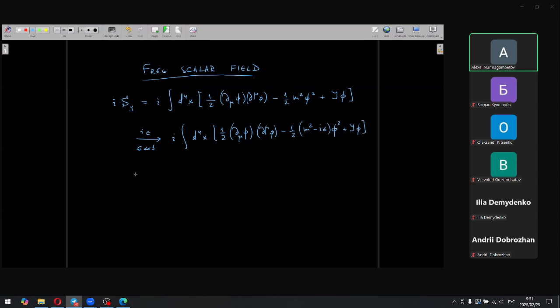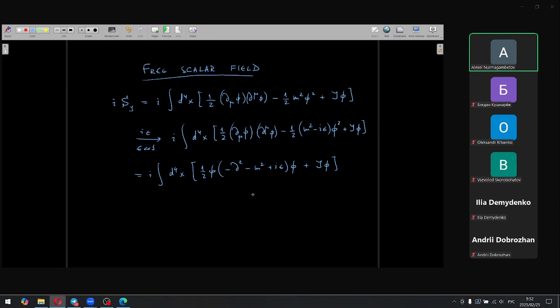And now I can perform the partial integration, and if I set the appropriate boundary conditions, like for instance the absence of the field at infinity points, that will be equivalently i times the integral over d4x of one half of phi acting with minus d square minus m square plus i epsilon on phi, plus the source times the field.